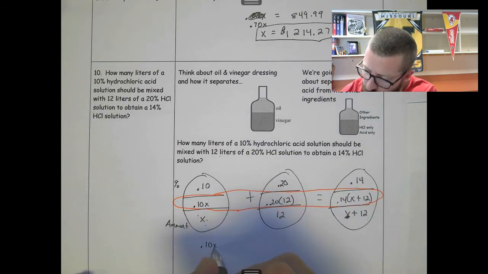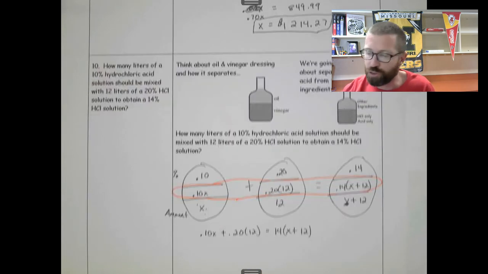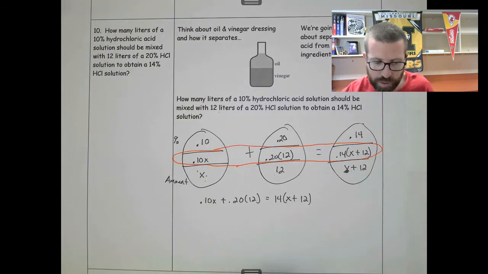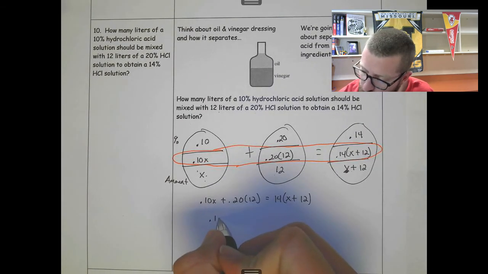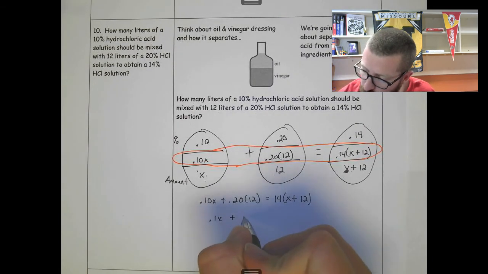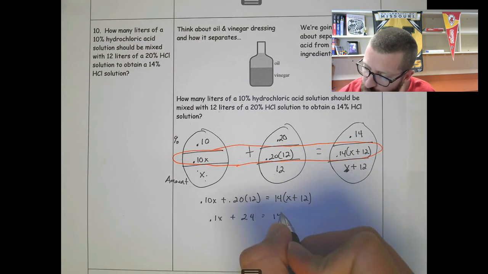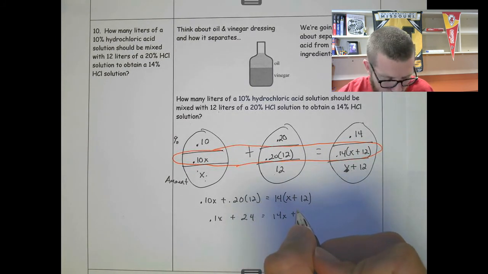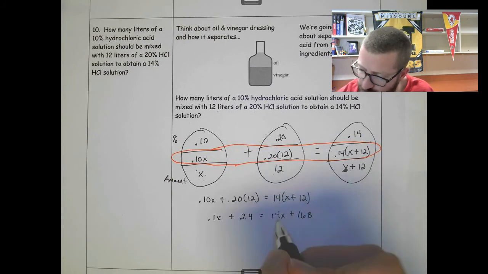We'll just rewrite this down here. And I would pause the video and try to solve this. And just make sure you distribute carefully. So we get 0.1x plus 2.4 is equal to 14x plus 168.